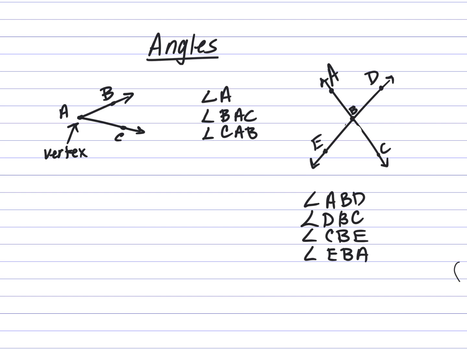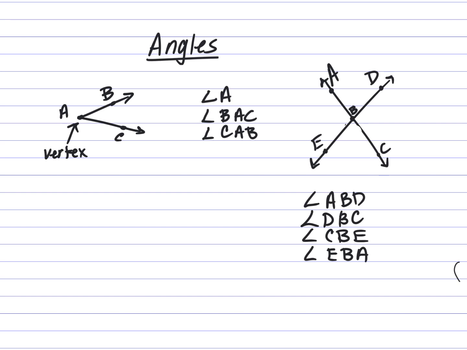And so this is why you cannot always just use the vertex as the name for the angle. All right, so now you know how to name an angle when it's by itself or when it's in intersecting lines or in a diagram.